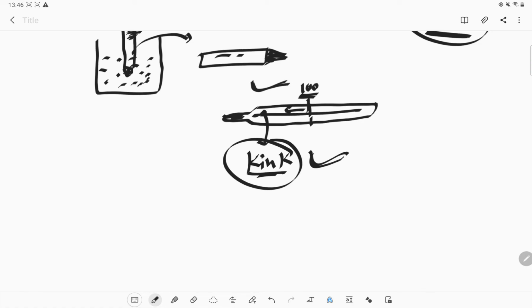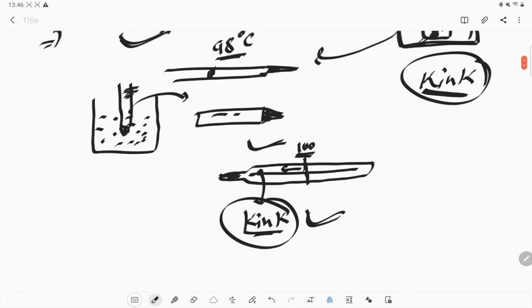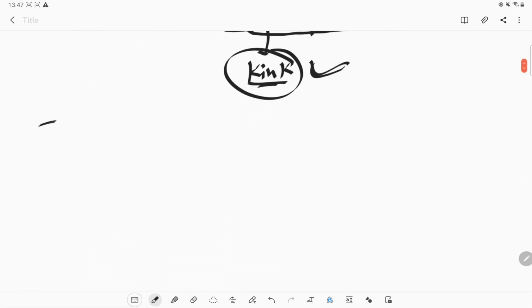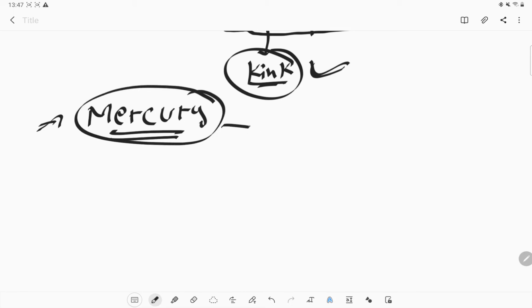We can take the reading when we take it out of our body, but for the laboratory thermometer we require to take the reading when the thermometer is inside that substance. But the major problem is the mercury. The mercury in the clinical as well as the laboratory thermometer is the major problem.